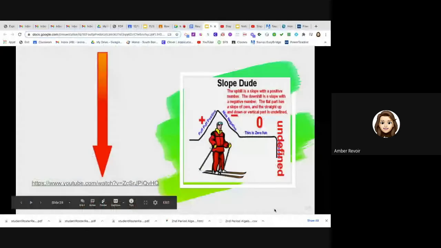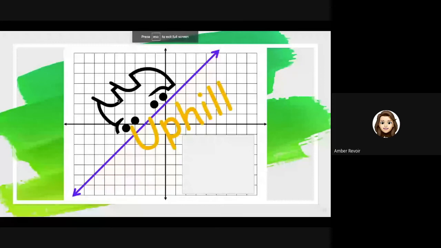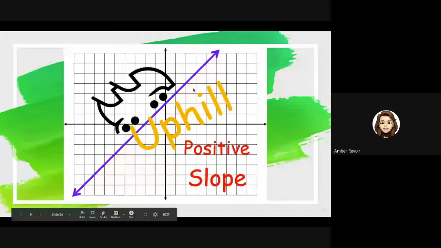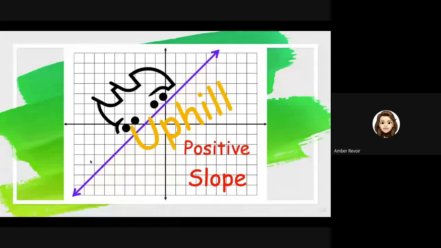So here's just another graphic to help you remember that. The roller coaster is going uphill. That is a positive slope. Puff, puff, positive, right? Going up the hill. Another way to think about that is if you were to take a pencil or pen or whatever, and move it across your graph.